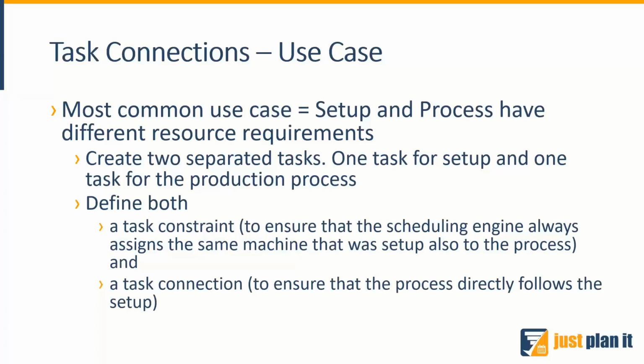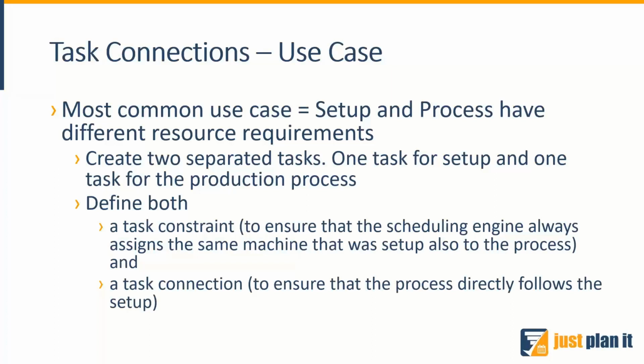So that ensured that the scheduling engine always takes the same machine for the process that was foreseen for the setup. But now additionally, we also define a task connection between setup and process that ensures that these tasks are linked together and that I don't have the use case that any other operation is squeezed in between, which in reality just makes no sense.